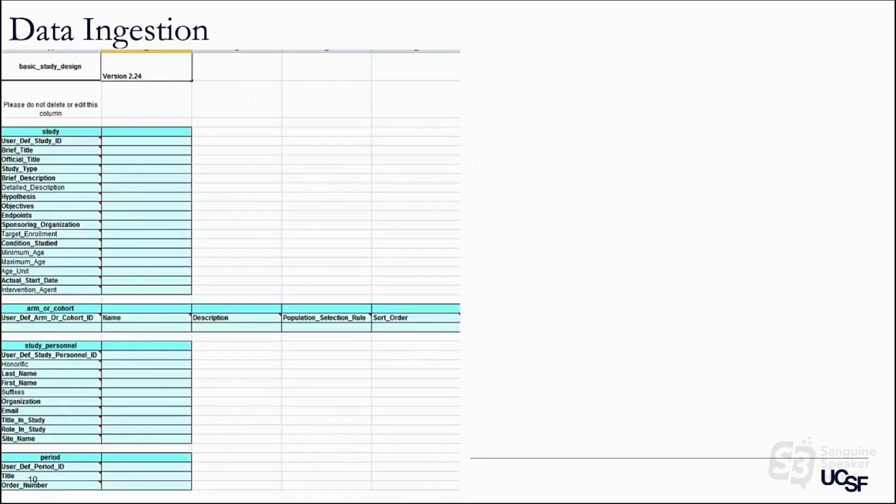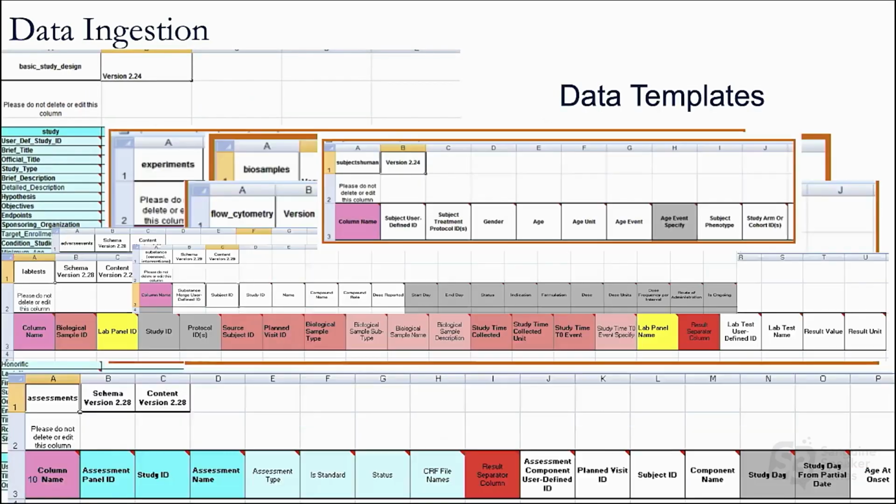The data ingestion is in the form of templates. These are the data templates, exactly the tables that I showed you before, that we give to the data providers, which helps them populate these templates. Once they populate the templates with all this information, some is required and some is optional, so there are mandatory versus optional columns.